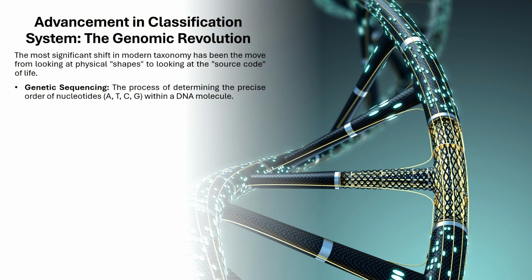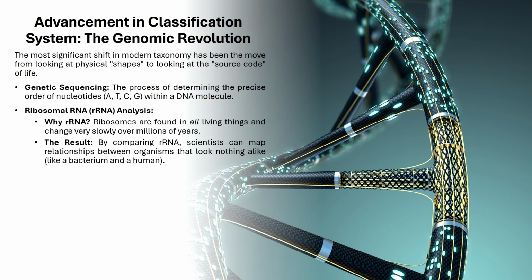The most powerful tool in this revolution is genetic sequencing. This is the process of determining the precise order of the four bases, which we earlier discussed, that is A, T, C, and G, adenine, thymine, cytosine, guanine, within a DNA molecule.